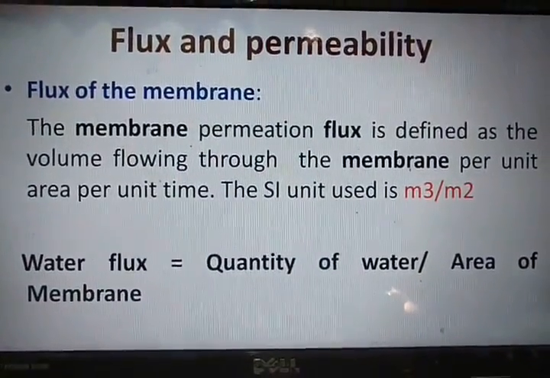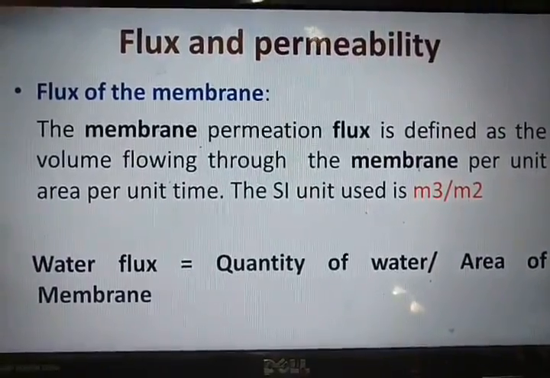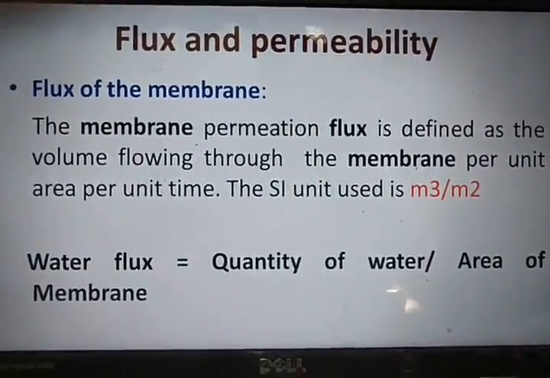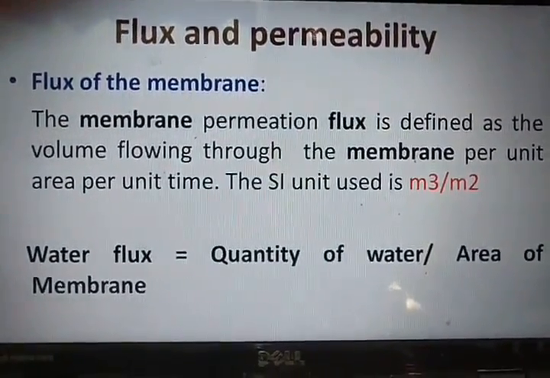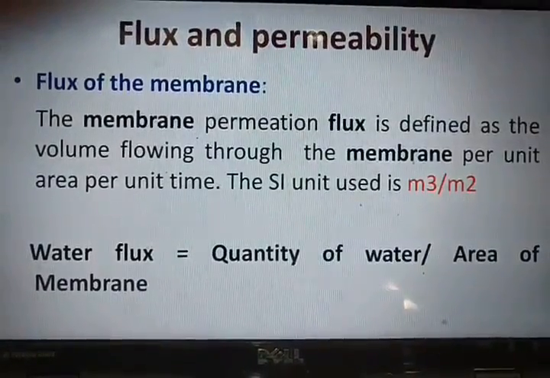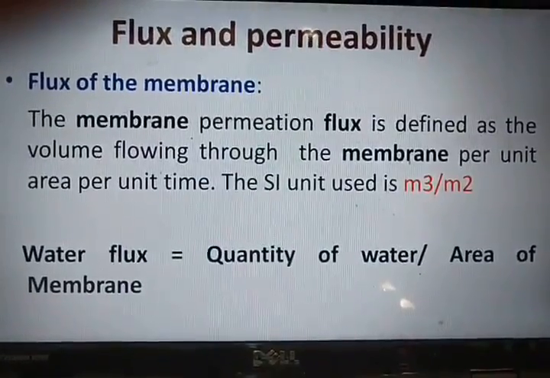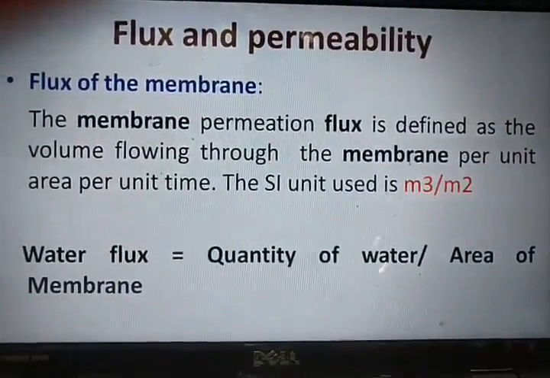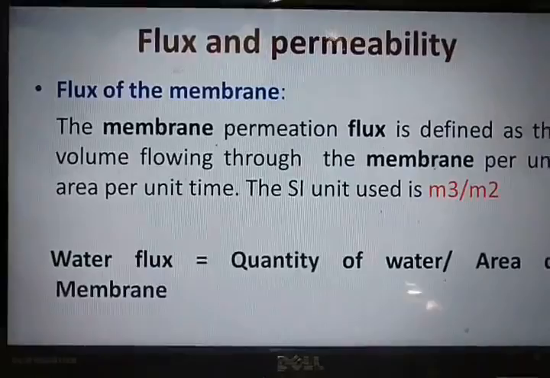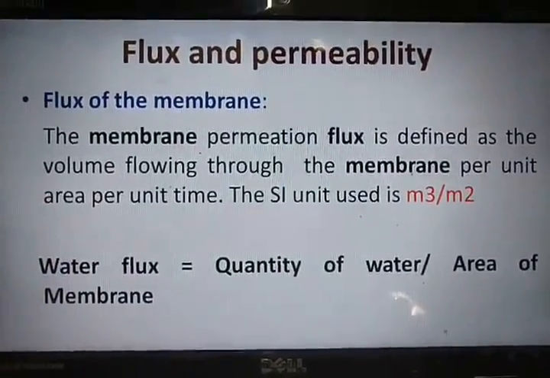It is also called the membrane permeation flux, or simply the flux of the membrane. In this calculation you can see water flux is given by quantity of water per unit area of the membrane.